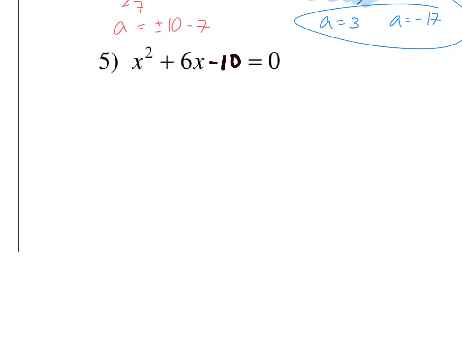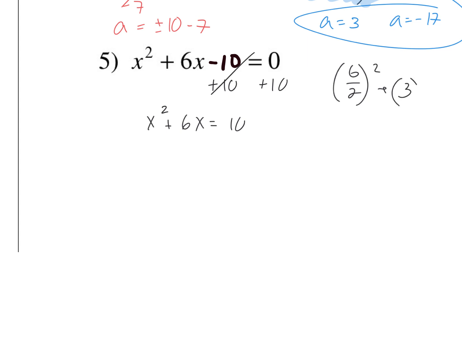All right, for number 5 again, I'm going to start by adding 10 on both sides. That will leave me with x squared plus 6x is equal to 10. Again, my b over 2 is going to be 6 over 2 squared. That's going to be 3 squared, so that's going to become 9. So it becomes x squared plus 6x plus 9 is equal to 10 plus 9.